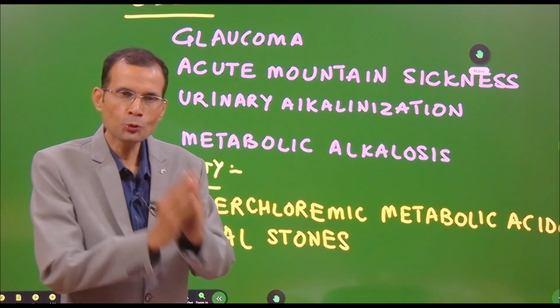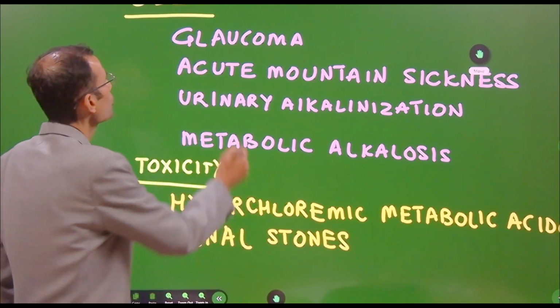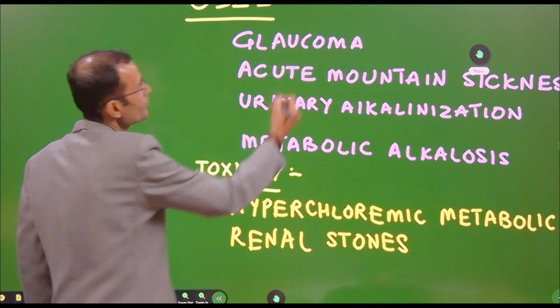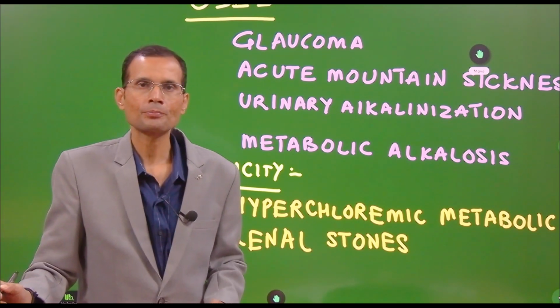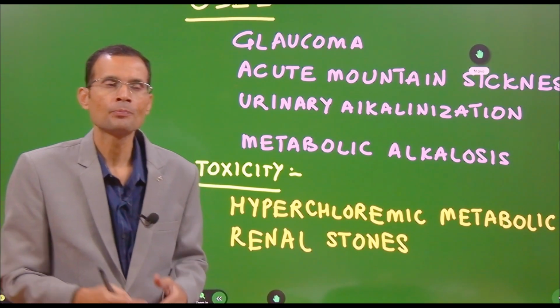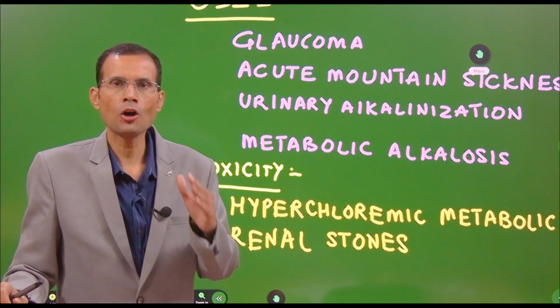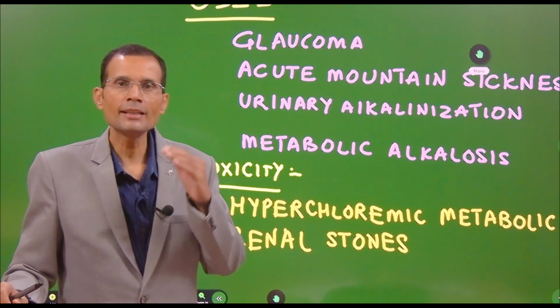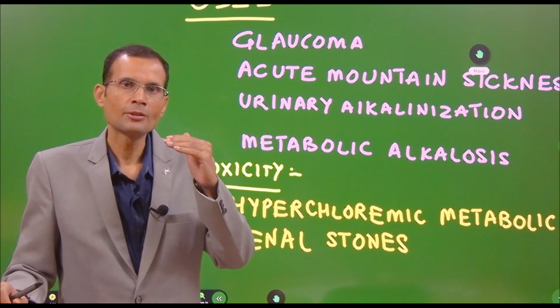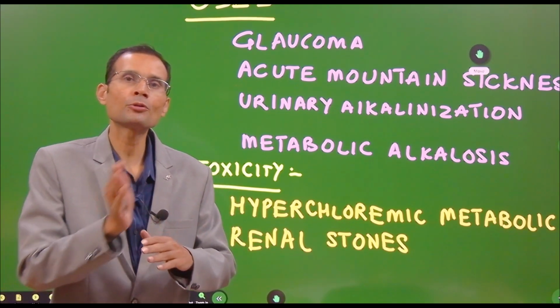I will focus on the two which involve some physiology. So acetazolamide is used in glaucoma, because glaucoma is with increased intraocular pressure. And how acetazolamide can work here is that normally, physiologically, the ciliary body secretes bicarbonate from the blood into the aqueous humor.